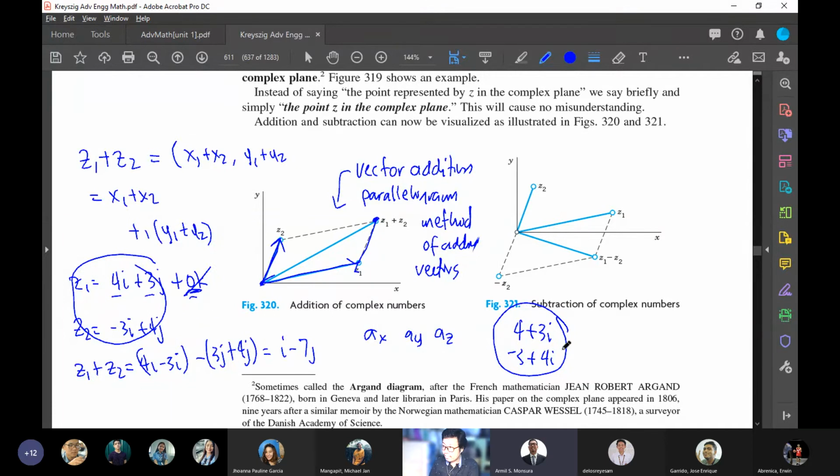Ito ganun din. If you put this in a 3-dimensional axis, meron din yung terminal point sa 4, 3, and 0. Same thing with this one. So, pag mag-add kayo ng vectors, ito rin yung proseso na ginagamit ninyo. Yun nga lang, kung 3 dimensions, this becomes more complicated kasi ito 2 dimensions lang to.